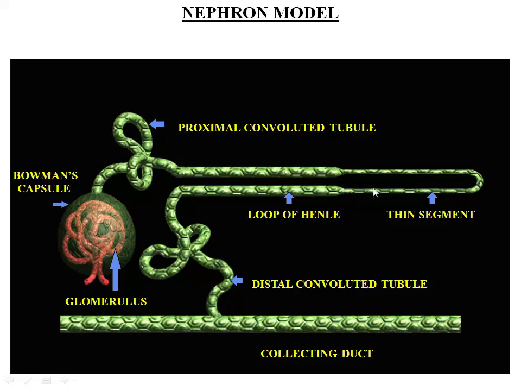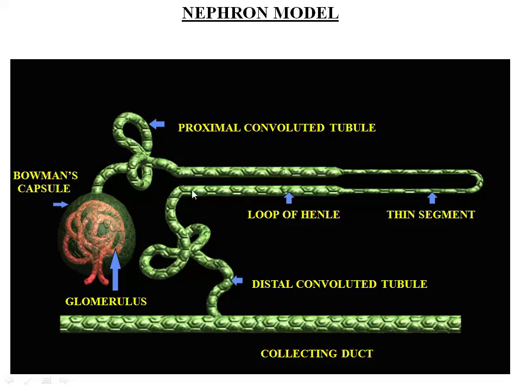Okay, then as it reunites or enlarges here in the ascending loop of Henle, they again form a cuboidal epithelial structure, and here again it starts producing a little bit of brush border, but compared to the distal and proximal tubule the number of brush border is very low.